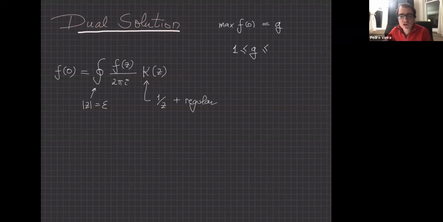At the origin, it behaves as 1 over z. Then I just pick the residue and I get f of 0. So let's even say it's holomorphic in the disk.